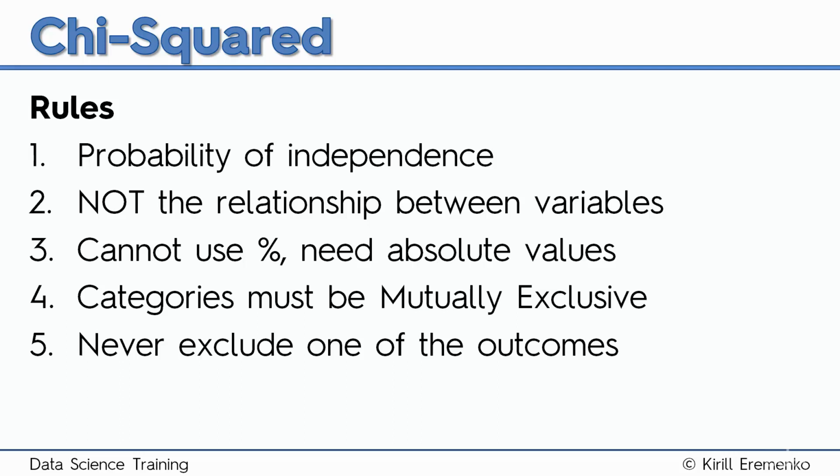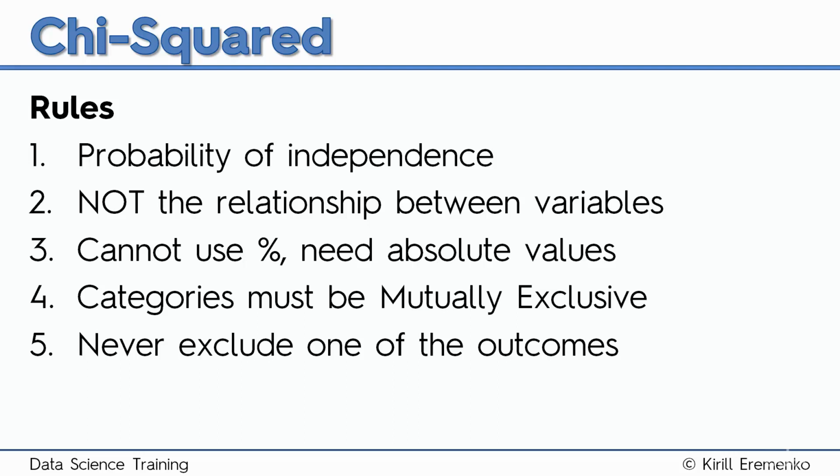Let's say you're looking at political preferences of people. And so your variables that you know about the sample are like gender, age, affluence, how much money they have, what car they drive, things like that. And then your outcomes can be Democrats, can be Republicans, and can also be Greenpeace.